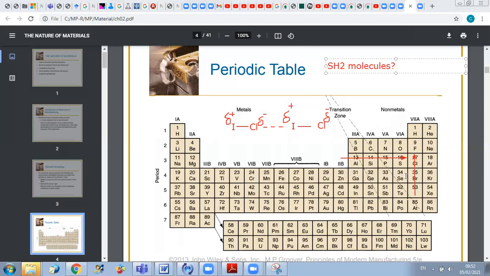No, because what is the condition for hydrogen bonding? H should be connected with F, O, or N. In the example of SH2, it's similar to hydrogen bonding, but I don't call it hydrogen bonding. I call it dipole-dipole interactions because it's combining H with an atom different than F, O, or N. And since we have covalent bonds between them, this might create positive and negative dipoles.